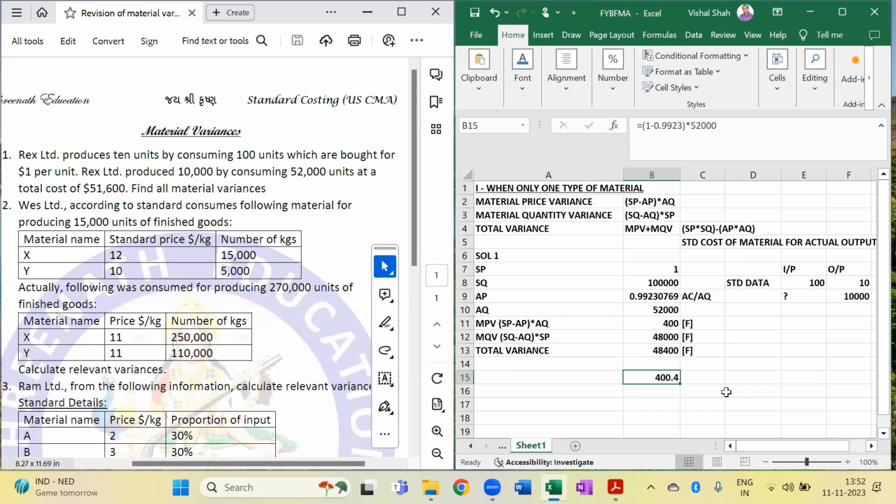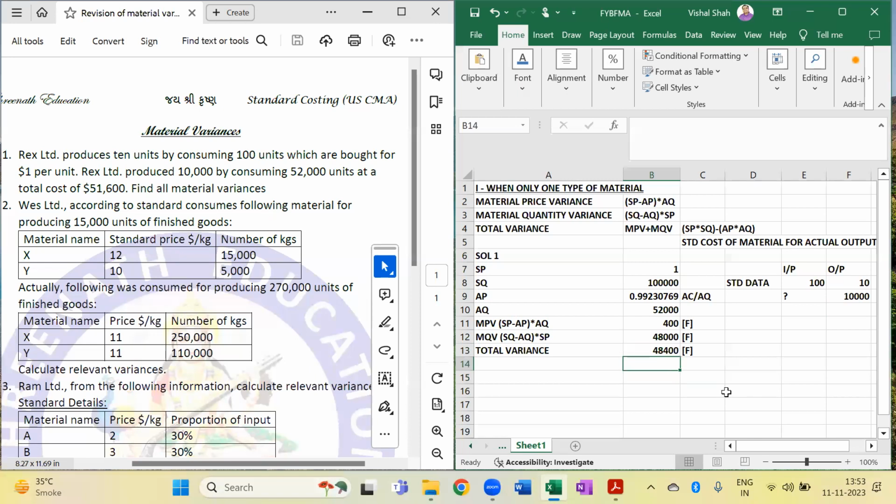I'm very, very near to the accurate number. Am I clear? Yes, sir, clear. Use at least four decimals. When you want to round off, use four decimals. That will give you a more appropriate and accurate answer. Any more queries? So if this is 400.4, then your total variance will also come 48,400.4.